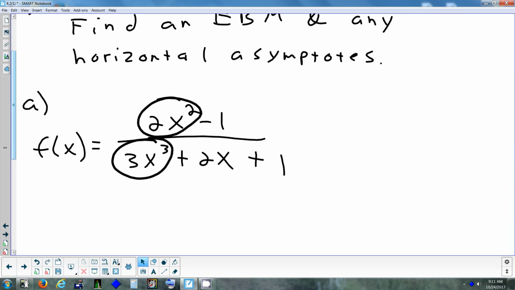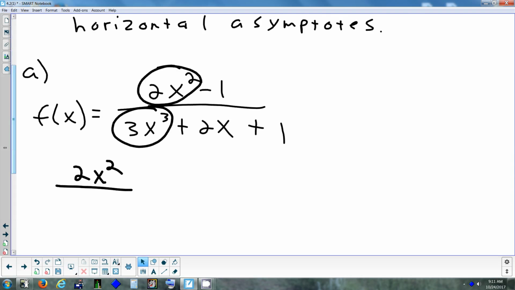So I already circled it. 2x squared is the end behavior model at the top. 3x cubed is the end behavior model at the bottom. And then we'll simplify it. When I divide 2x squared by 3x cubed, what do I get? And if you have negative exponents, we just leave them in the bottom. Don't write your answer with negative exponents.